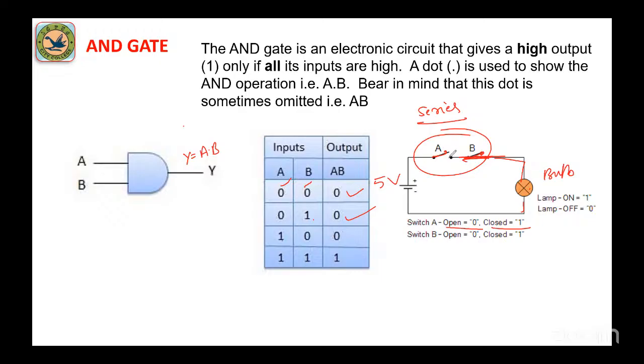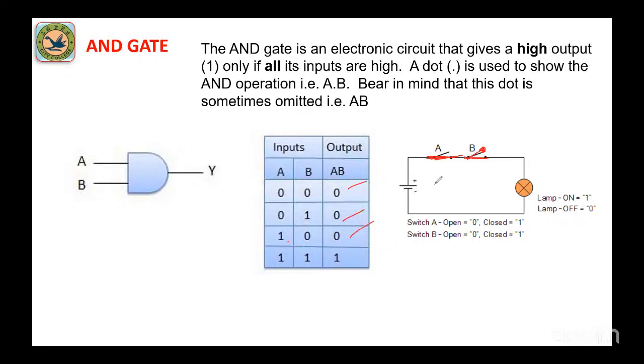Next, A closed, B open: in this condition also the bulb doesn't glow.